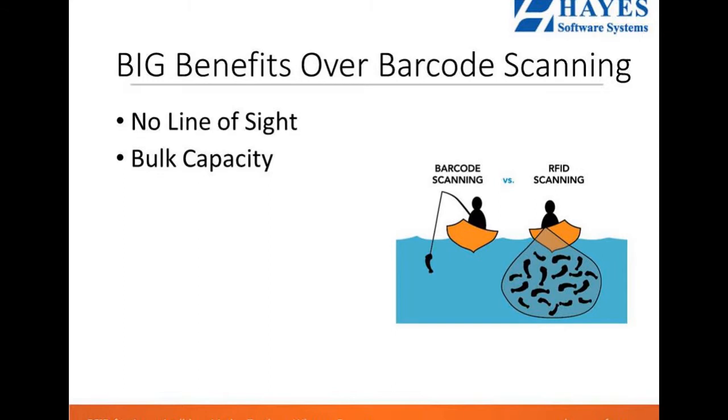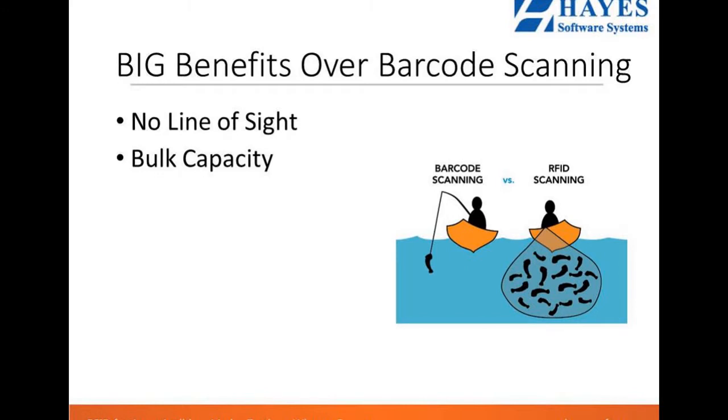Many school districts have tried to automate the inventory taking process with barcode decals. RFID is really the next level in automating that process you might already be doing. Two major benefits you could find with RFID are, first, line of sight.